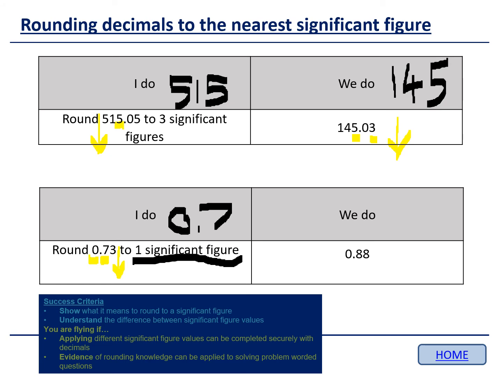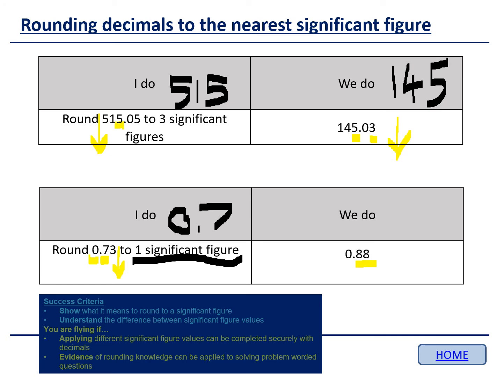Okay, so this time we have, again, on your redo, 0.88. So see how you go with this one. Obviously pause the video, have a go, and then I'll do the answer. So we have 8 tenths and 8 hundredths.